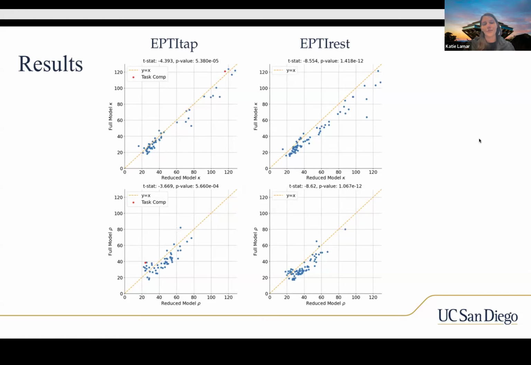That basically says it has a higher kappa than the full model originally predicted, and the same for rho as well. So this says that maybe the reduced model is saying it's a better fit to both than it actually is. That's some of the things we're seeing.